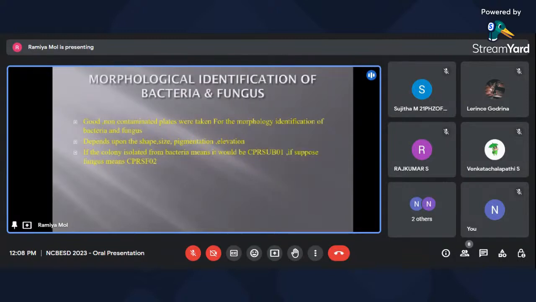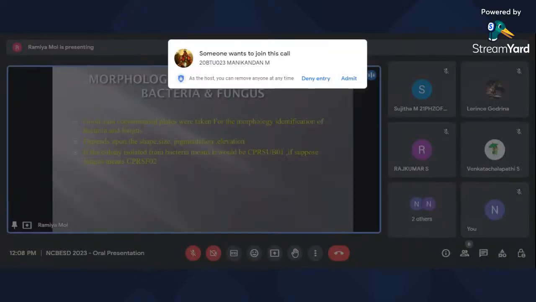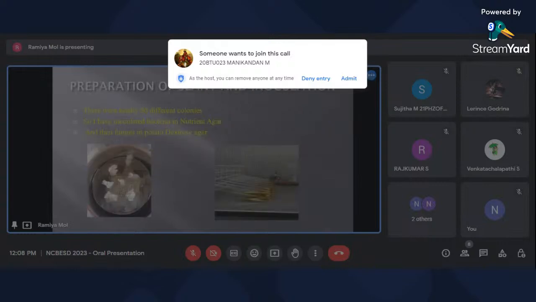I have also done morphological identification of the bacteria and fungus; good non-contaminated plates were taken for the morphology identification. It depends upon the size, shape, and pigmentation. I have named the bacteria CPRSU B01 and the fungus CPRSU F02. And those pure cultures were made into slants for further preservation.